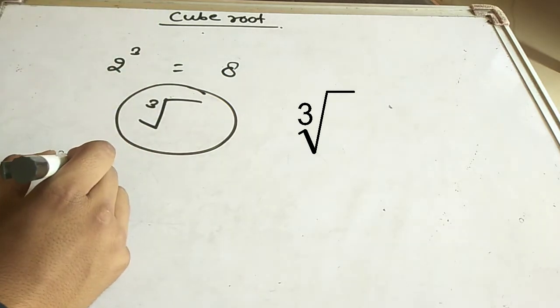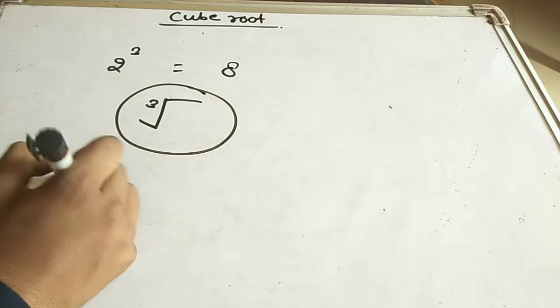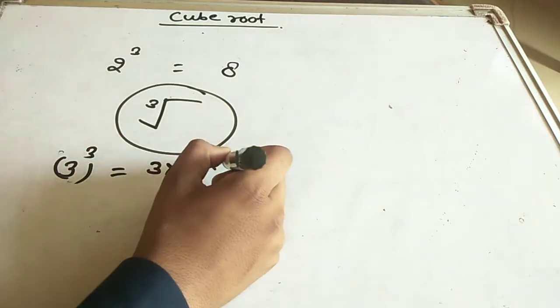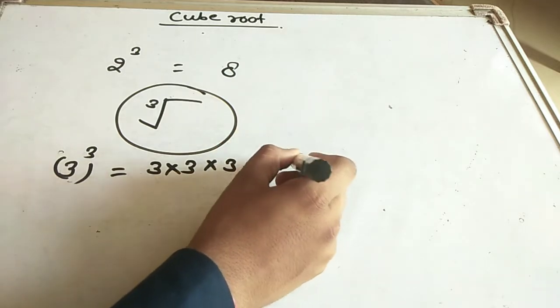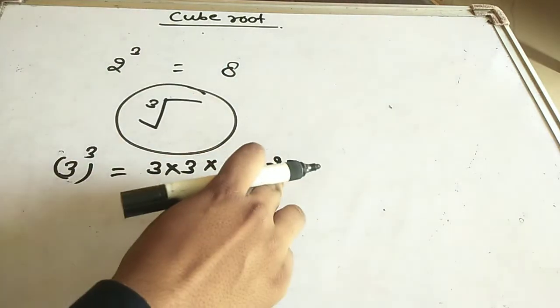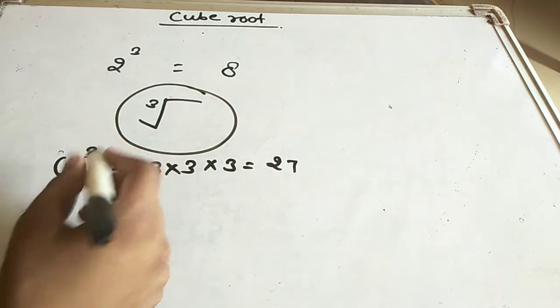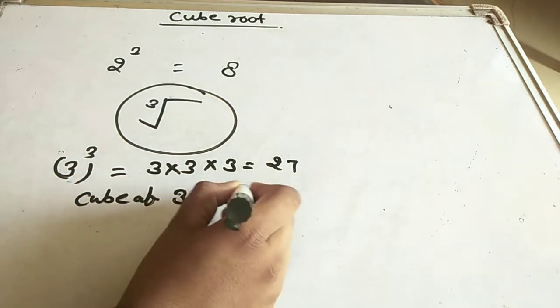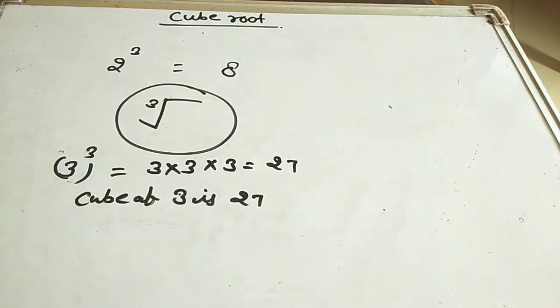Let us take an example. Cube of 3 is 3 multiply 3 multiply 3 equal to 27. Cube of 3 is 27. And we know that cube root is opposite of a cube.